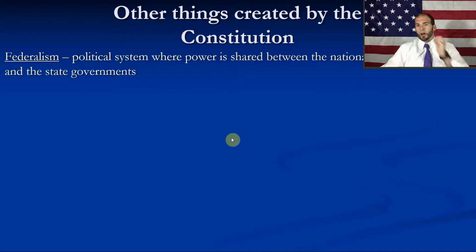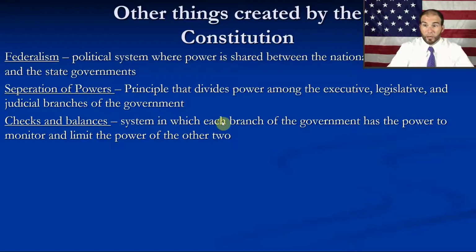All right. Other things created by the Constitution. Federalism. It's a political system where power is shared between the national and state governments. Really important to understand here that the Constitution does not say who is more powerful, the federal government or the state governments.